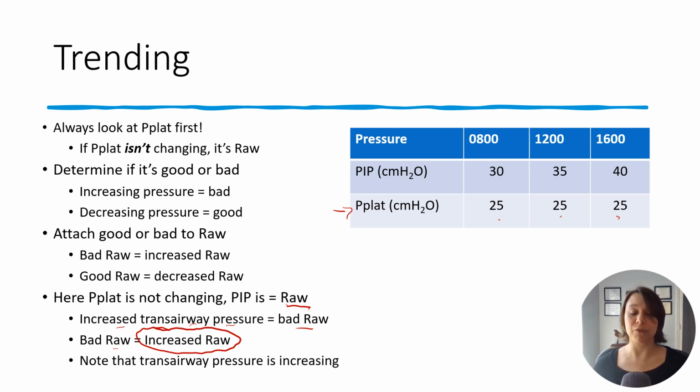Again, I could be looking for that just straight as the answer, or I could be looking at which of the following is a cause of increased airway resistance, or which of the following would you do, and you're going to want to look for an answer that would potentially decrease airway resistance. So again, note that this is staying the same, but this number is increasing. And so the difference between these two values is increasing.